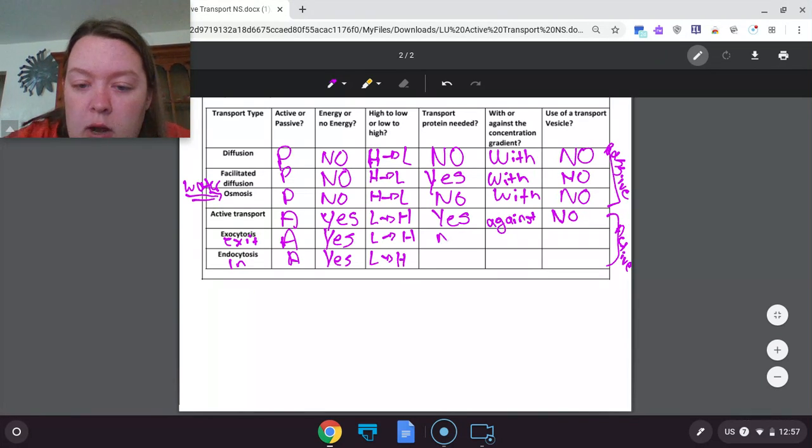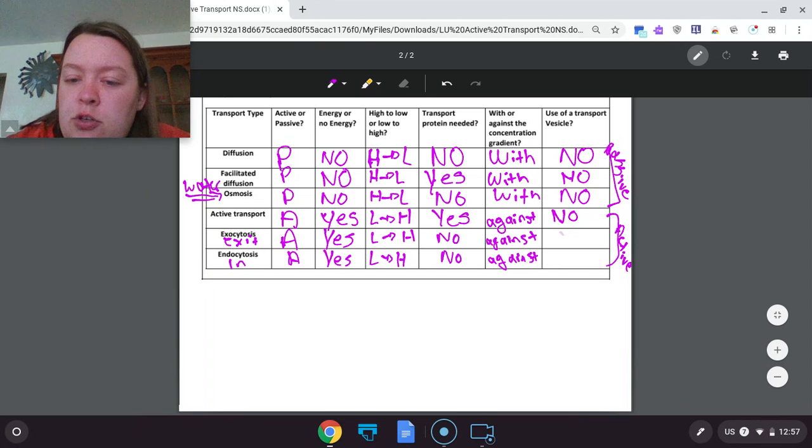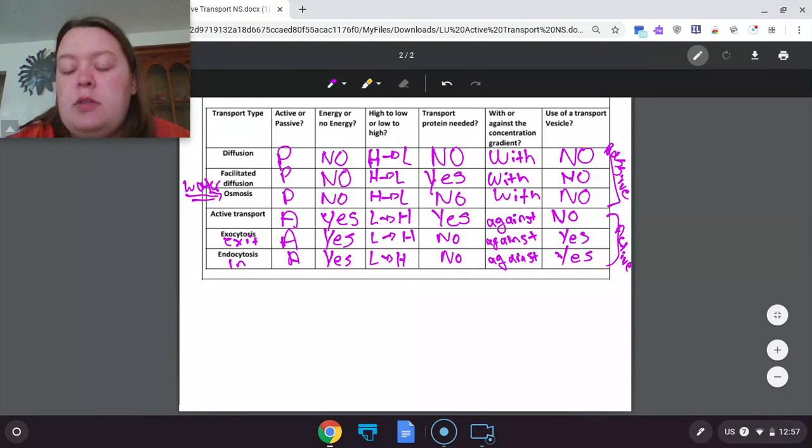These do not require proteins because the cell membrane is moving. It's going against the gradient. And these two do require the use of vesicles. Remember, things bud in or they bud out of the cell membrane using vesicles.